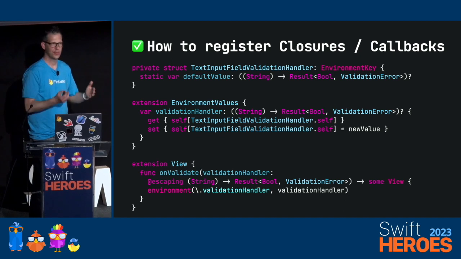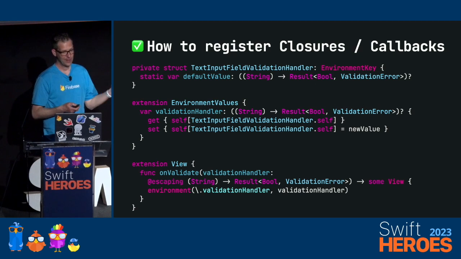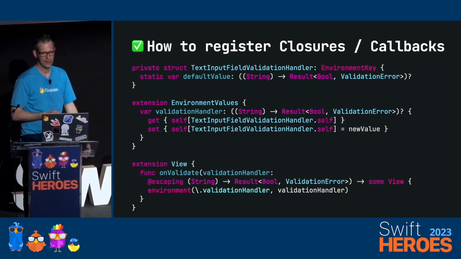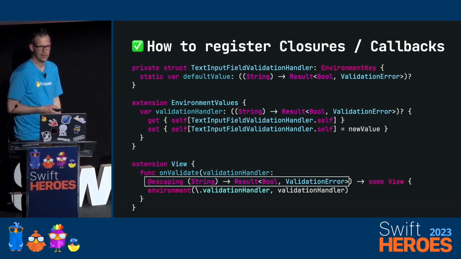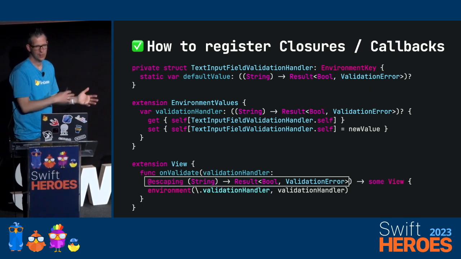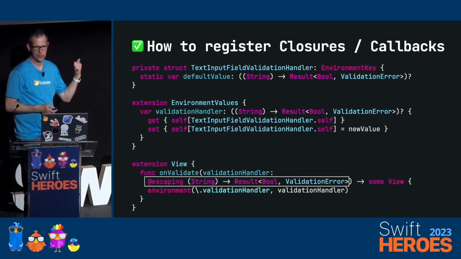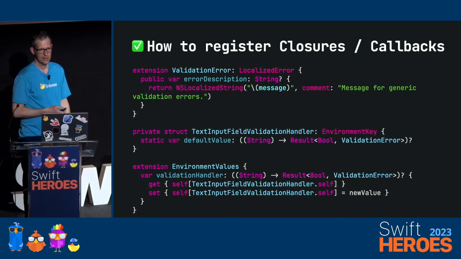You guessed it, we'll use the SwiftUI environment. All of this probably looks familiar by now, but there is one difference. Instead of having just a simple Boolean or a string, we now have a closure that we register. So we will write this closure into our environment.